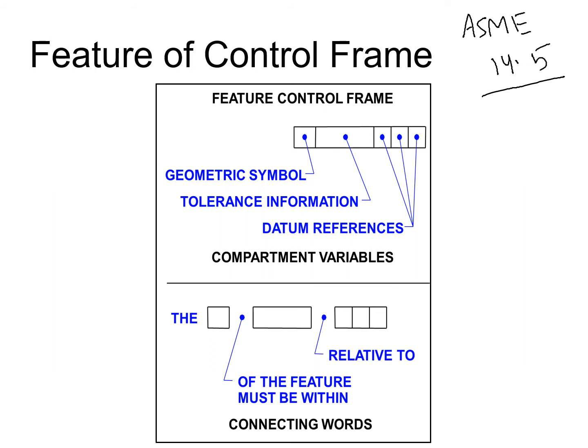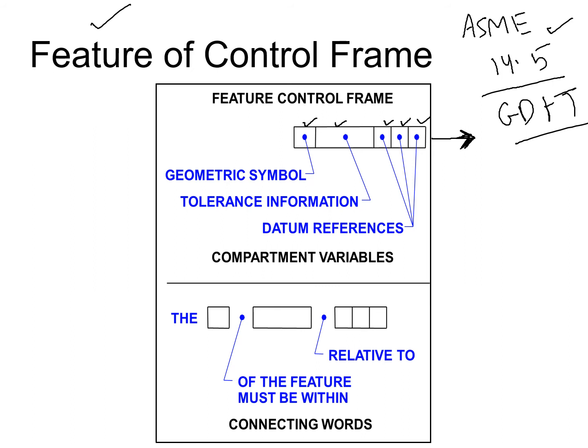We use a feature control frame, and that is a special type of note that contains boxes, and each box gives us a certain piece of information because it's a drawing, so we need a certain type of standard to represent a certain information. So in the Y14.5 dimensioning and tolerancing method, also known as GD&T, we use the feature control frame, and each box gives you a certain type of info.